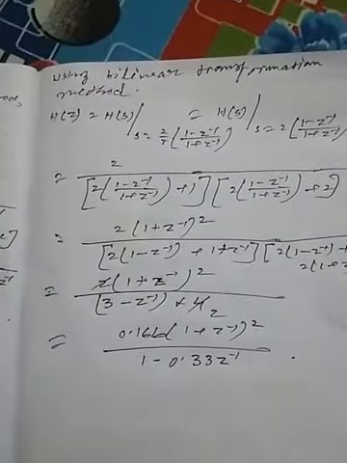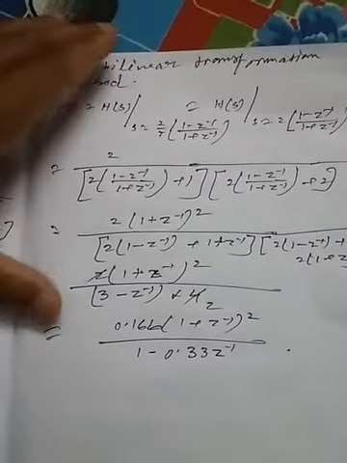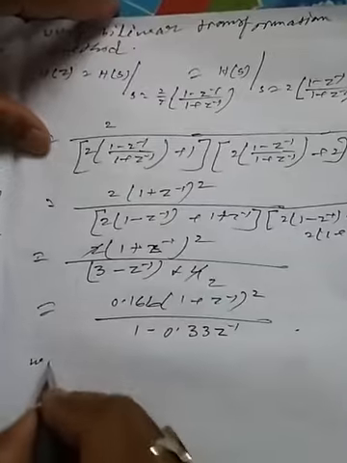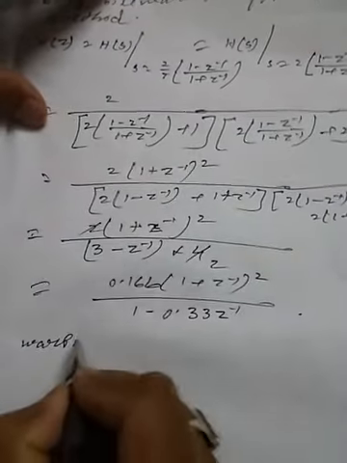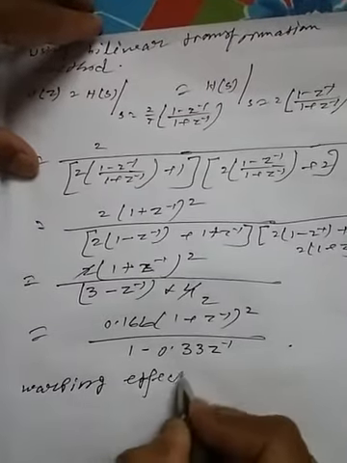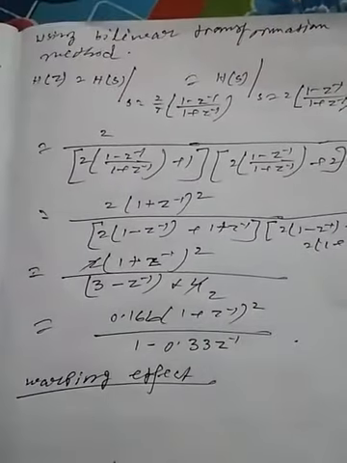Now, when designing a digital filter using the bilinear transformation method, there is a serious problem, that is the warping effect. What is the warping effect?